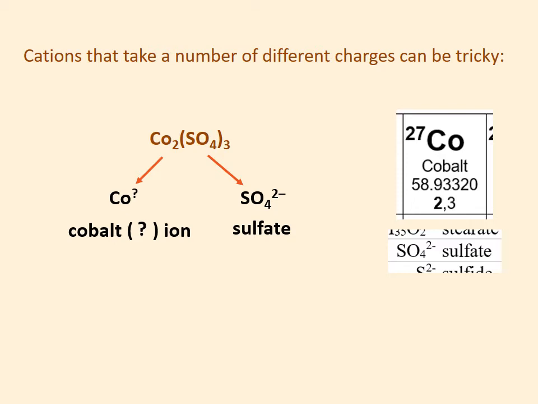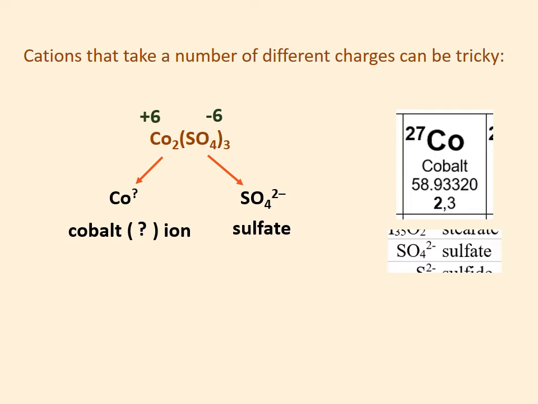I see that I have 3 sulfates. So that means I have 3 -2 charges, and 3 -2 charges add up to a total of -6 on the back end. And we know that the charge on the back end has to equal the charge on the front end. So the charge on the front must be +6. Now, being that there are 2 cobalts there, that +6 charge has to be shared between them.